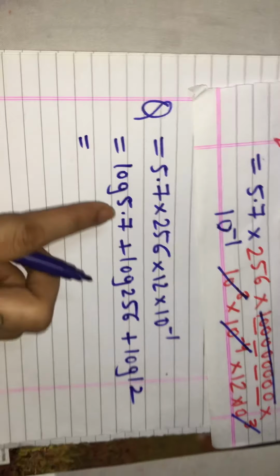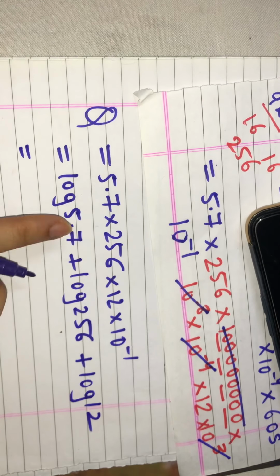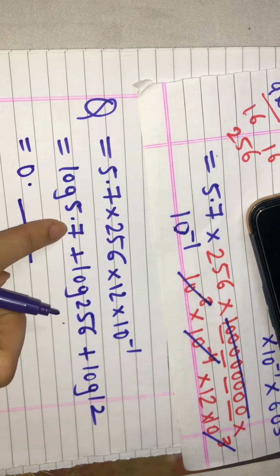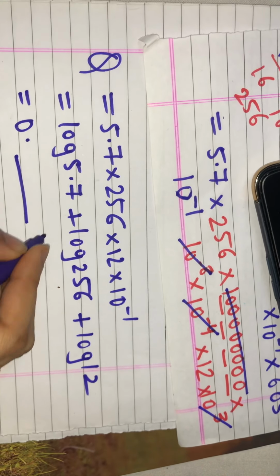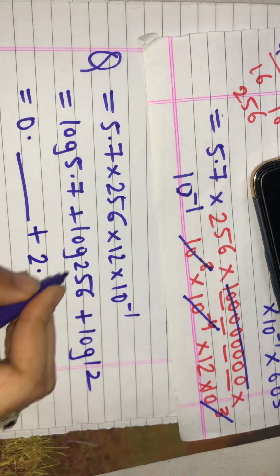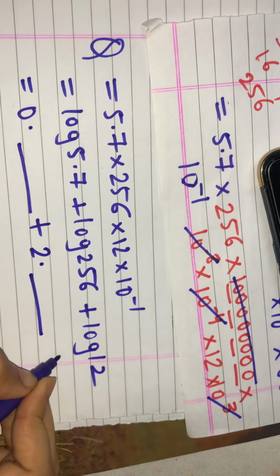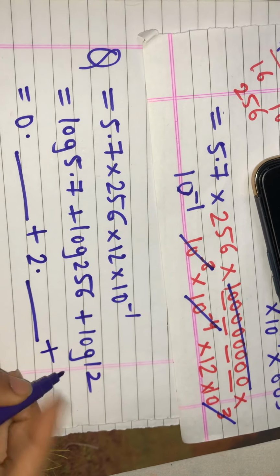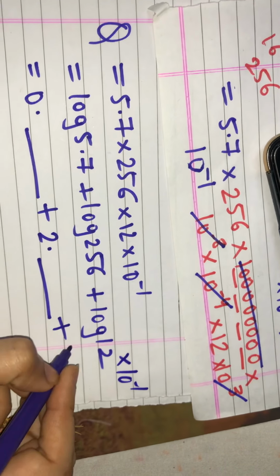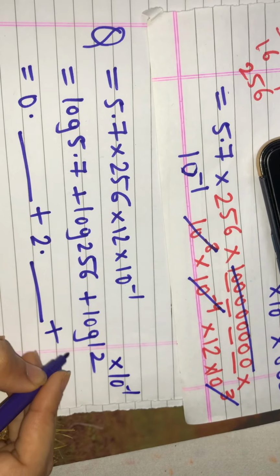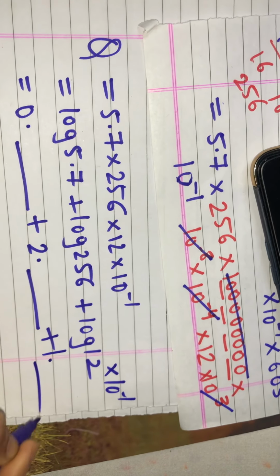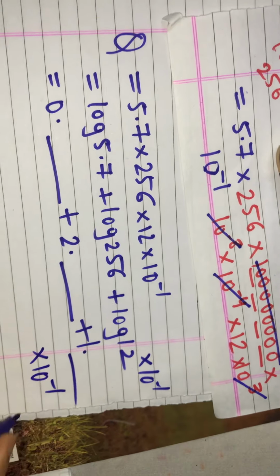Before the point we just have one digit, so 1 minus 1 is 0, so we look at the log of 0.57, plus we have 3 digits, 3 minus 1 is 2, so the log of 2.56, and plus again 2 digits, so 2 minus 1 is 1, the log of 1.2, into 10 raised to minus 1.